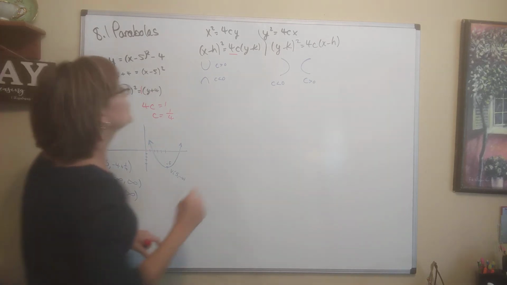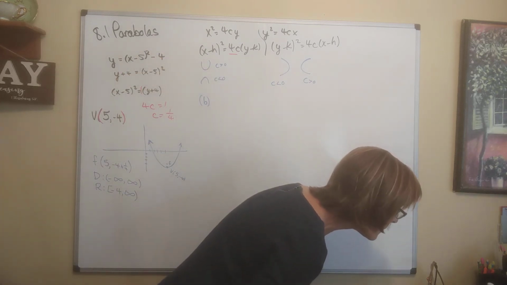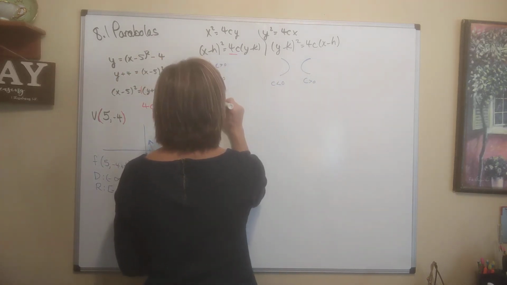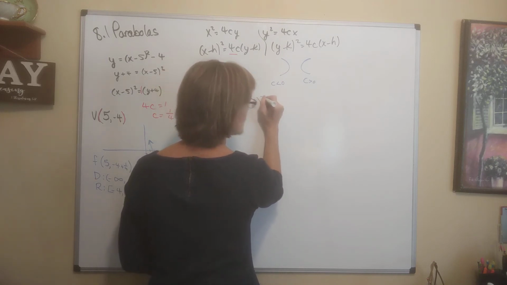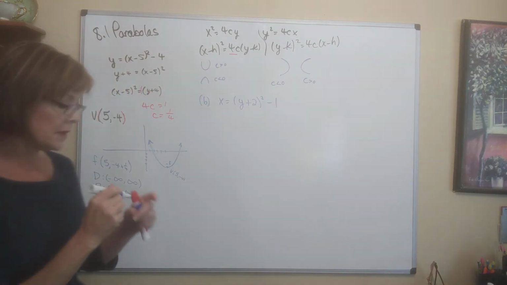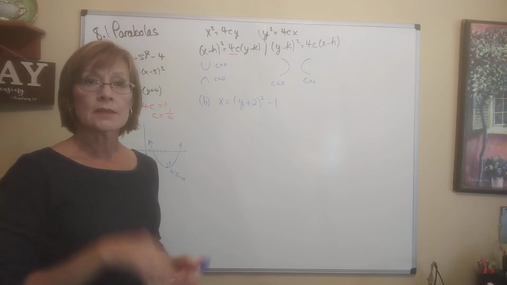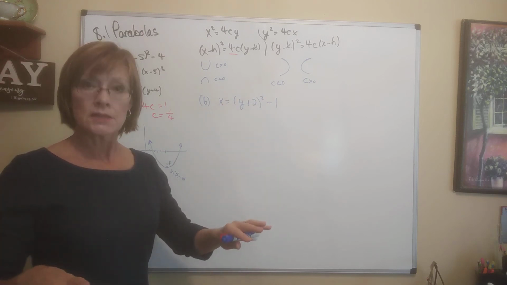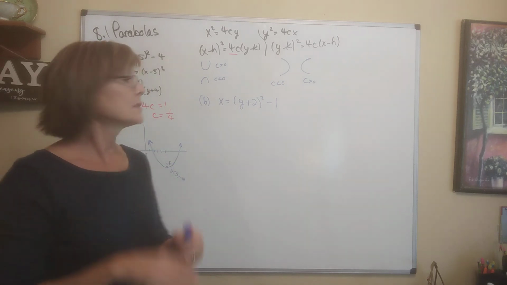All right, let's do B. B is x equals (y plus 2) squared minus 1. Again, I want it to be something I recognize, and in this context of conic sections, something squared, isolate that. So what's being squared?